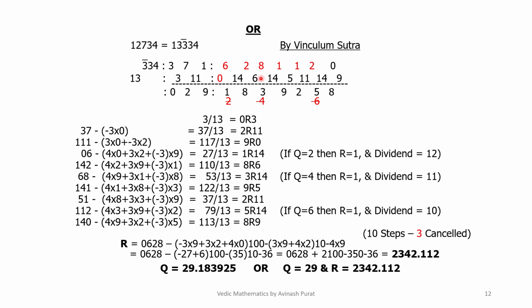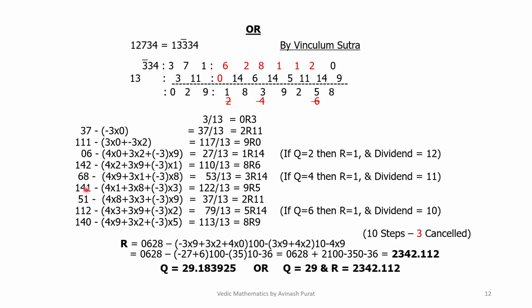So 68 is the next dividend minus 4 into 9 plus 3 into 1 minus 3 into 8 equal to 53 divided by 13, which gives 3 quotient and remainder 14. If quotient is 4, remainder is 1 and the dividend becomes 11 instead of 141.